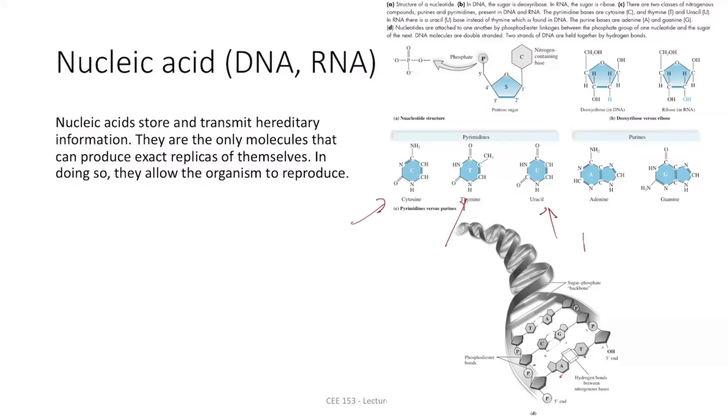And the important thing I wanted to mention, the difference between carbohydrates and nucleic acid is nitrogen. So you see, this is nitrogen. This is nitrogen. This is nitrogen. So NH2, NH. These are the functional groups that are useful for this kind of nucleic acid.